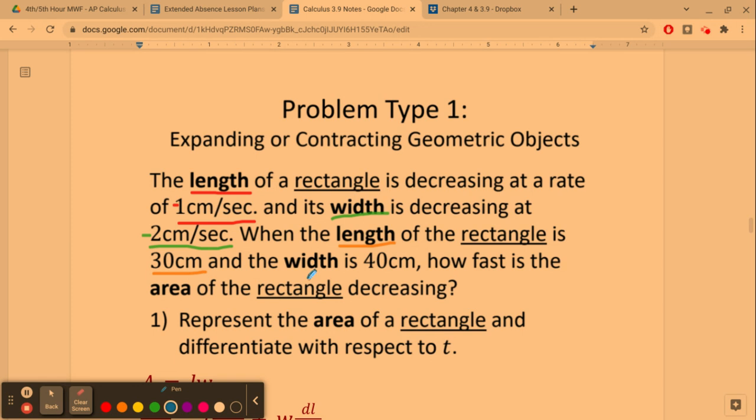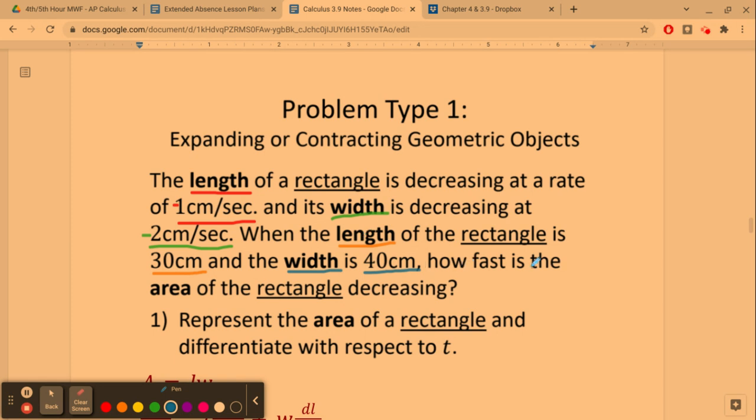And let's choose another cool color like green for the width. And the width is 40 centimeters at a certain moment in time. All right. So we have blue and green representing the width. We have red, and it might look like yellow to you, but that's orange on my screen, representing the length.